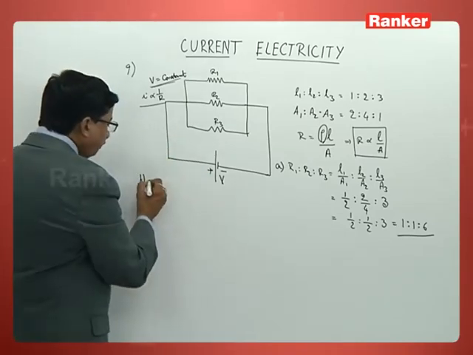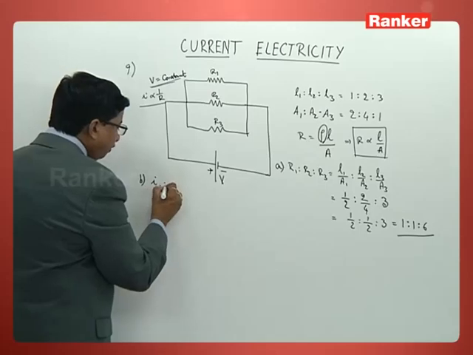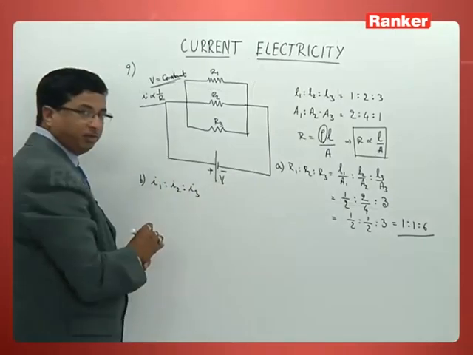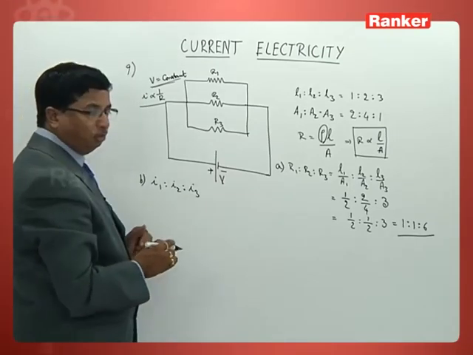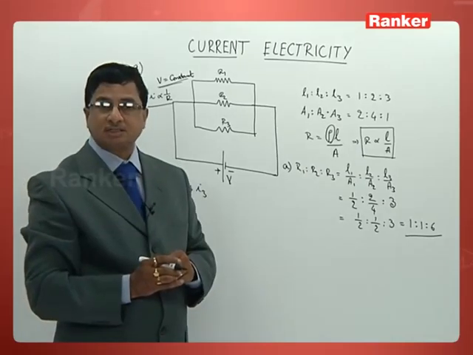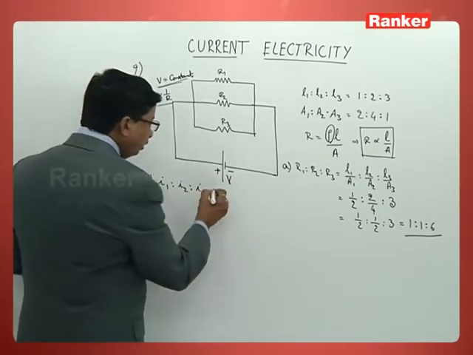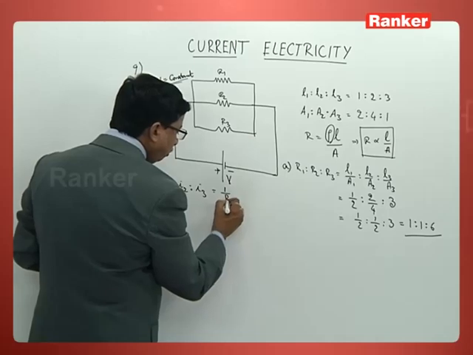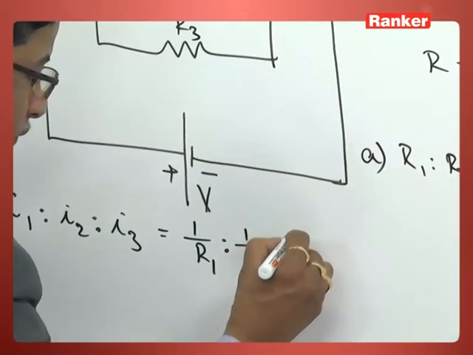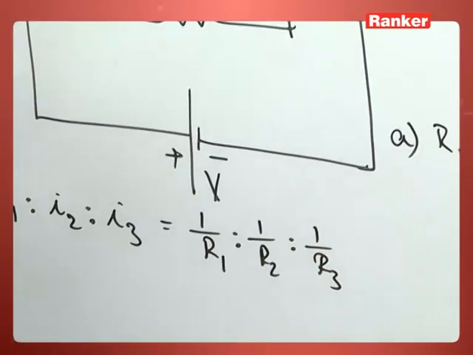So, what is the ratio of currents? That is the second bit he is asking for. But as I have already given you, current is inversely proportional to resistance. Then what can I write now? This can be rewritten as 1 by R1 is to 1 by R2 is to 1 by R3.